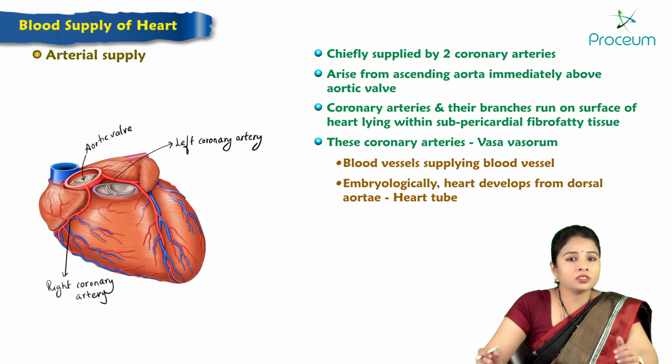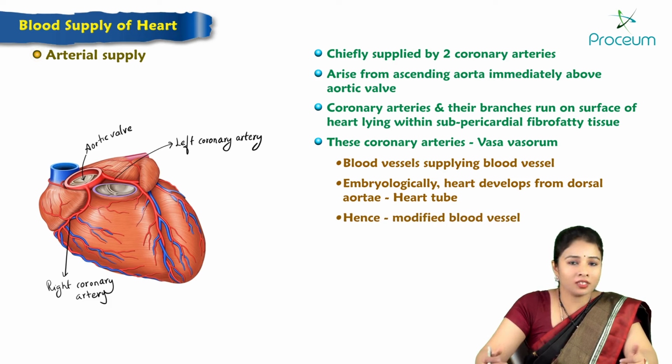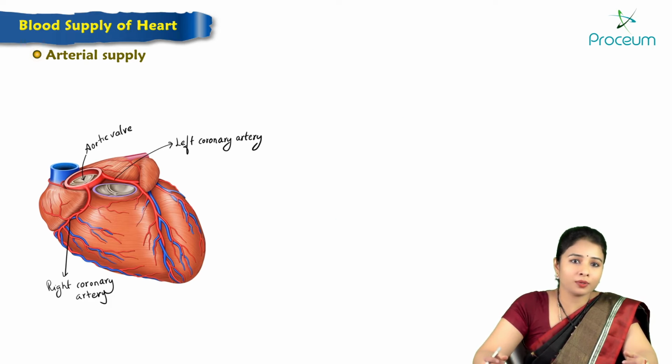The right and left dorsal aorta fuse to form the heart tube. So the heart tube is considered as a blood vessel, and coronary arteries supply the heart tube, like a blood vessel supplying a blood vessel. Hence it is a modified blood vessel. So heart is a modified blood vessel which is supplied by coronary arteries, which are considered as the largest vasa vasorum.